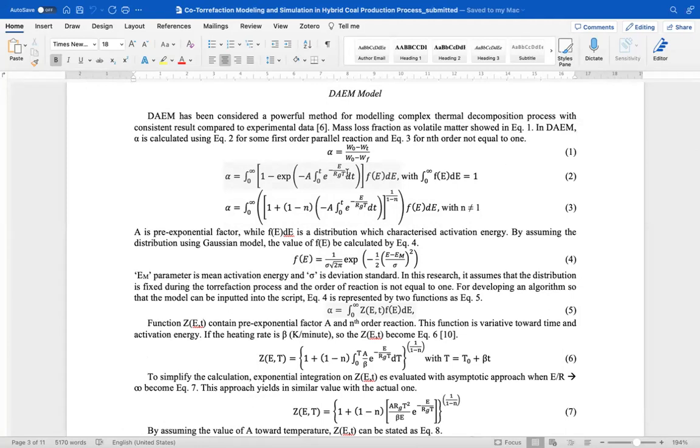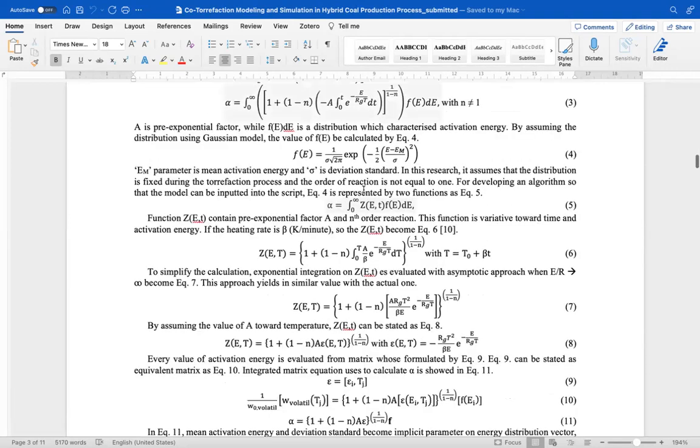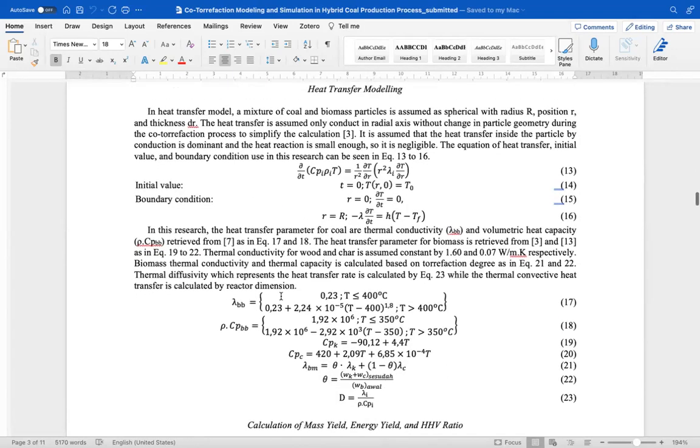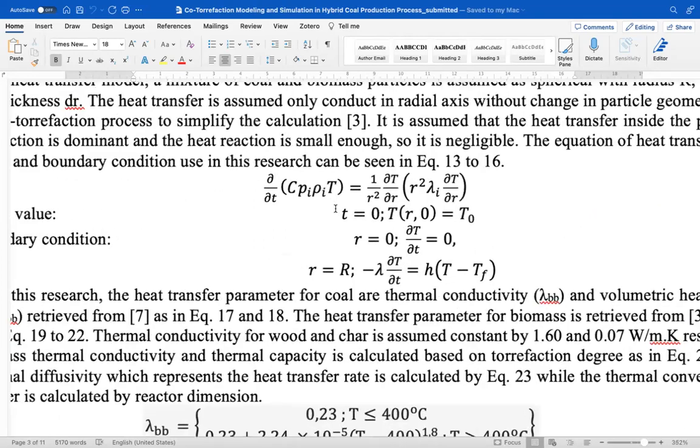Think about it: in a solid, you have different temperatures because of those unsteady effects, and with different temperatures, your conversion because of reaction rate is different as well. So they incorporated those two, together with the heat transfer.